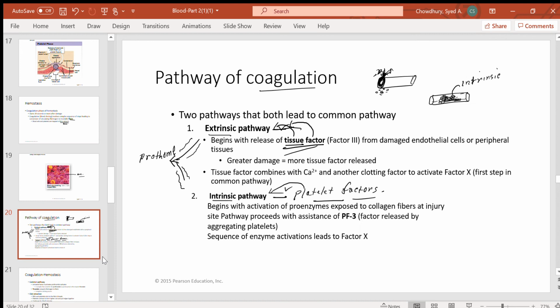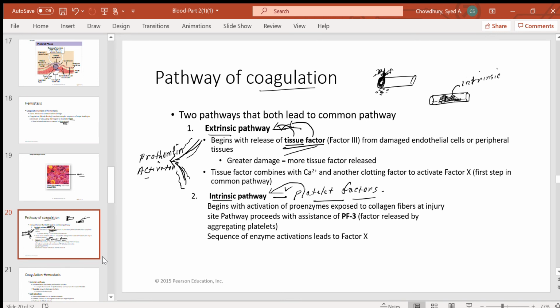You need to remember this name. Although they are triggered differently and go through different series of reactions, finally both pathways will produce prothrombin activator.